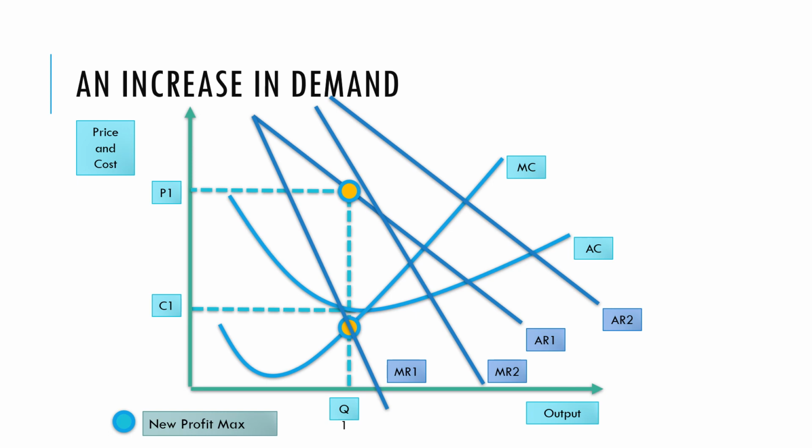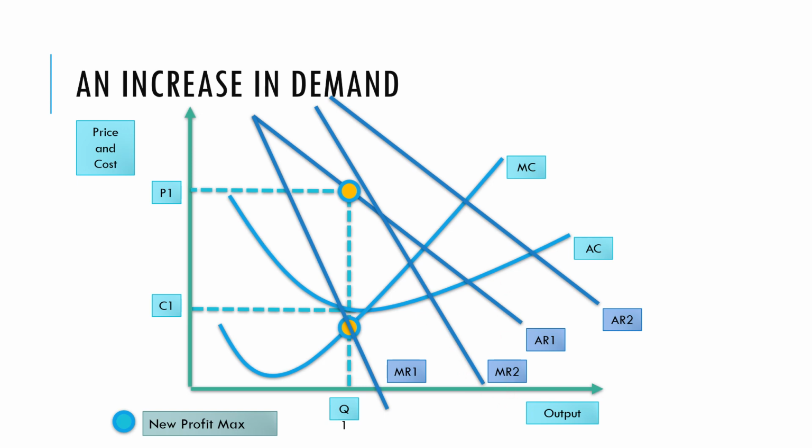And if the demand curve is shifted, AR is shifted to the right, but also the marginal revenue will also shift. So both curves, MR and AR, shift to MR2 and AR2. And so here we get a new set of profit maximization scenarios.